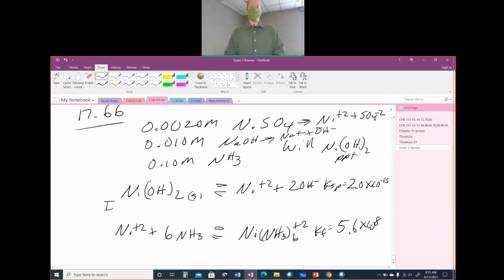So 0.0020 completely going to the right. All right, and so we have 0.0020 molar, and here we have 0.10 molar. Here we have our 0.0020 molar, and here we have our 0.010 molar.